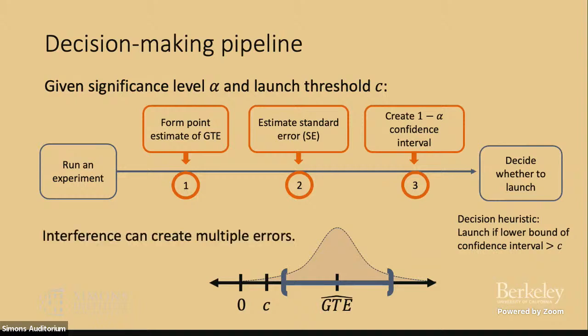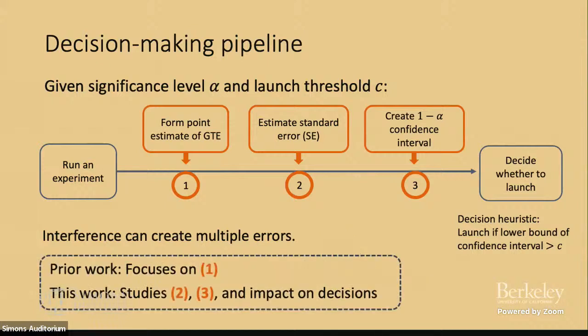To bring this back to where the current literature stands, interference can actually create multiple errors along this decision-making pipeline. Prior work has mostly focused on the first one here, biased estimates of the treatment effect.